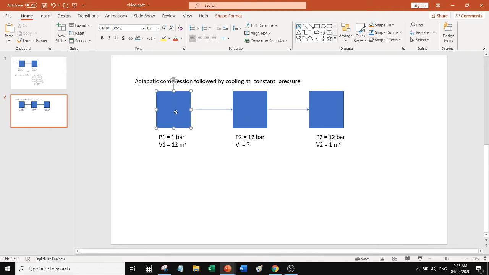So the first step is compression, and then the second step is cooling at constant pressure. So the pressure here, P2, is just equal to the final pressure, P2, equal to 12 bars. Okay?